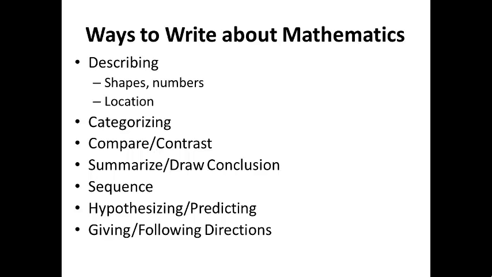It can be 13 has 1 ten and 3 ones. So they can just be simply describing a term or a number, a location. But you want to make it so that students are more clearly defining what a problem is or what a picture is. So before you actually have them jump in and solve the math and write about how they solved it, they can simply describe what they see.